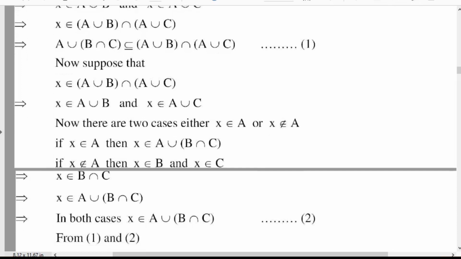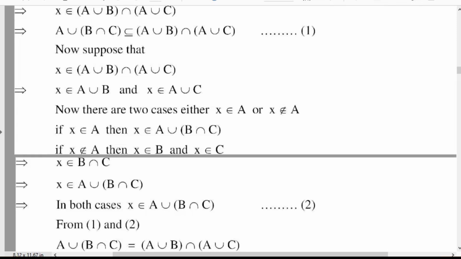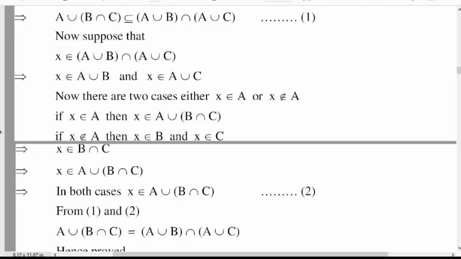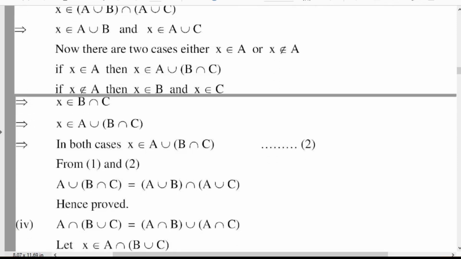From equation 1 and equation 2, A ∪ (B ∩ C) is equal to (A ∪ B) ∩ (A ∪ C), hence proved.